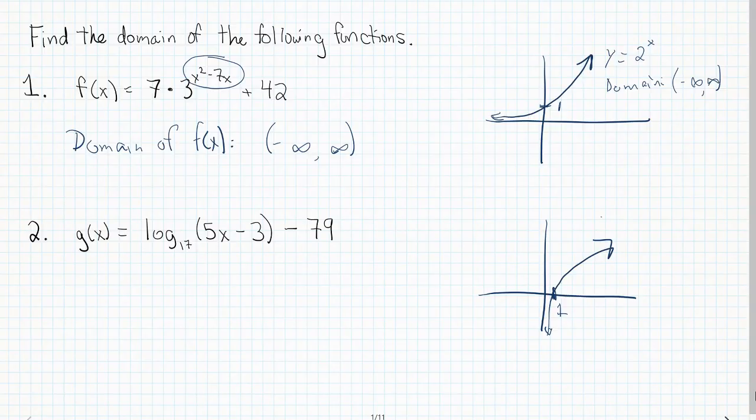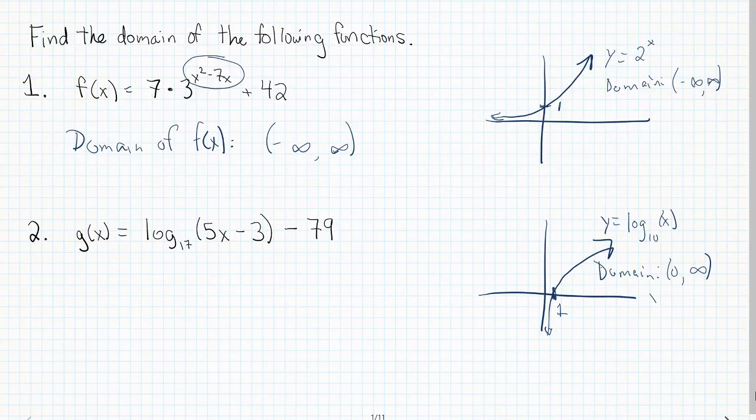Let's say it's log base 10 of x. Granted, we have log base 17, but just some general log base b where b is greater than 1. Notice our domain. What is our domain here? Slightly different. We go from 0 to infinity in this case.